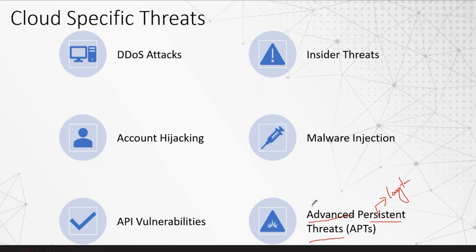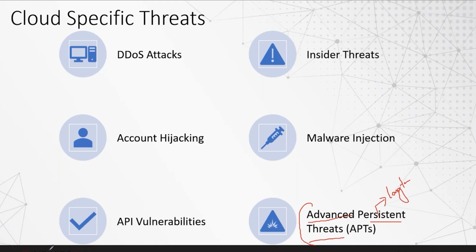Threat means a threat which is carefully crafted and carefully exploited, targeting a particular company or thing for a prolonged period without getting detected, remaining undetected for quite a long time. That is what we call an advanced persistent threat.